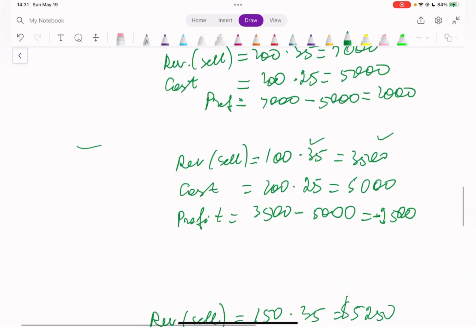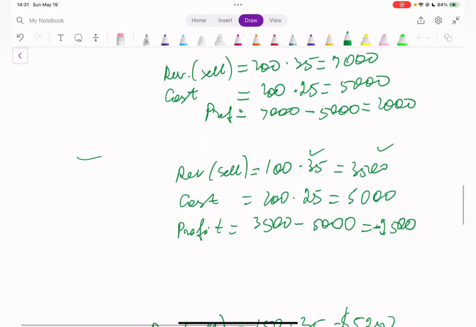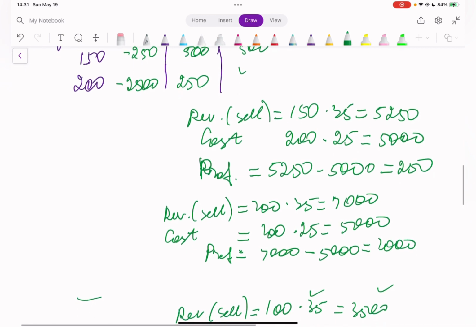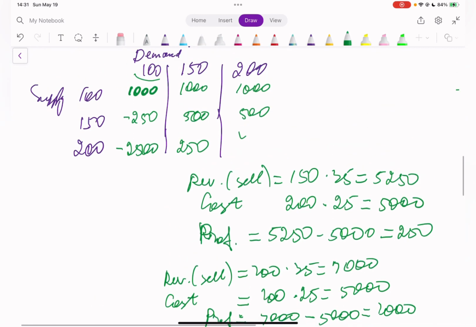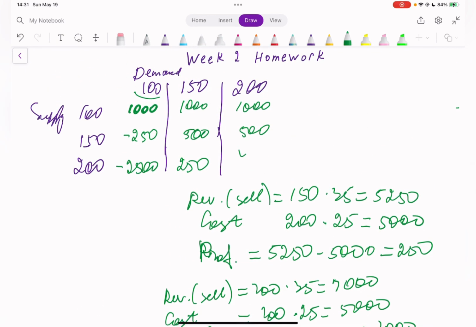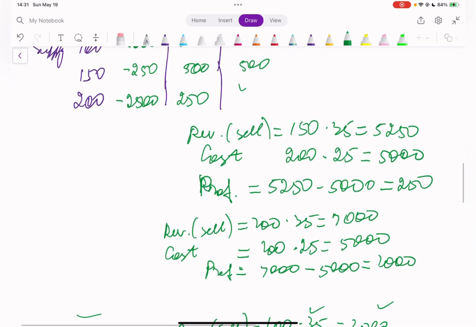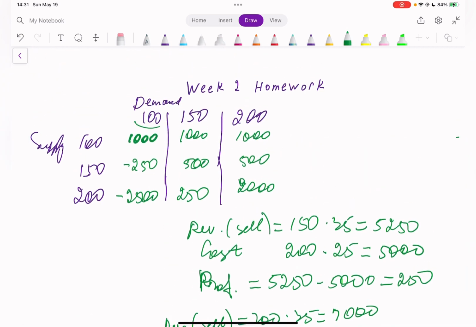Oh, actually I already put data here, so I can do it. So 250, this one. No, this is 100. This is 2000. I can just copy the table. I forgot that I put it in the table also. All right, I'll just copy the table and put in the answers. That's it. Let's go back.